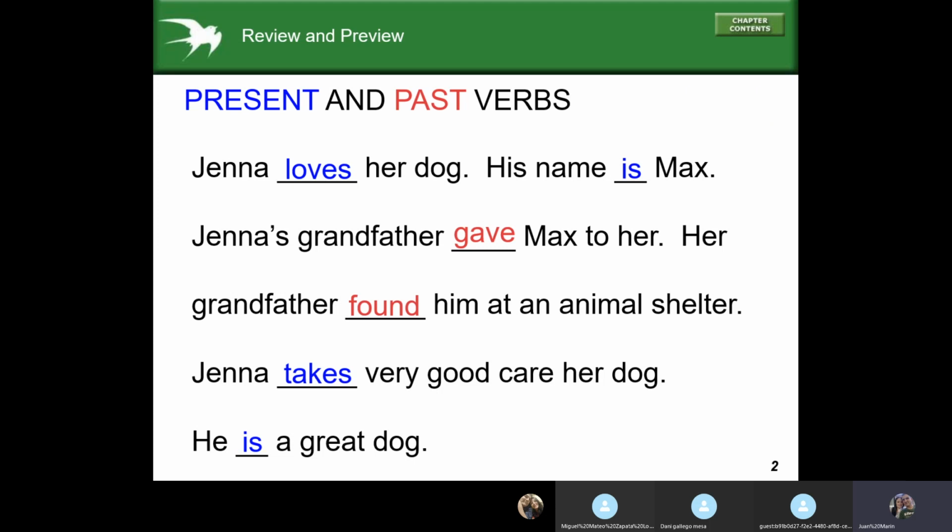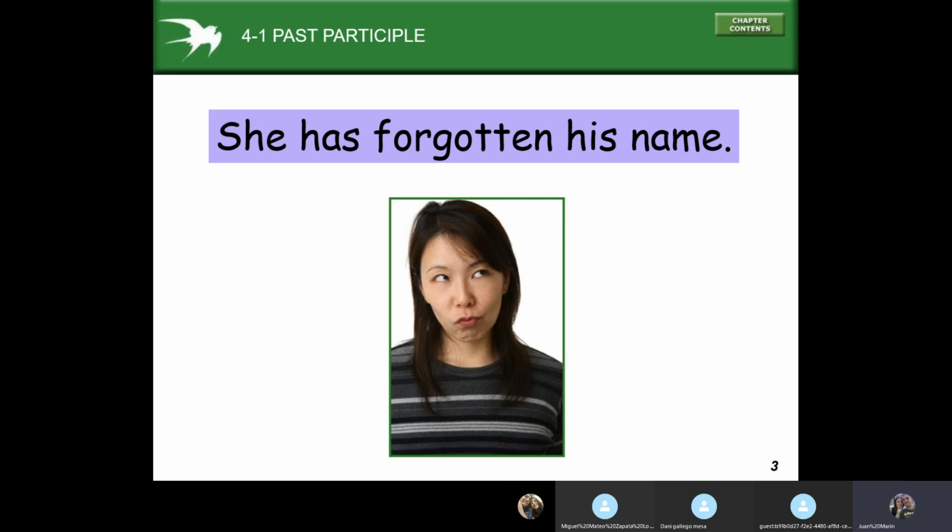Good, excellent. He is a great dog, of course. Remember, we can talk about pets and say he. He is a good dog. Good, excellent.